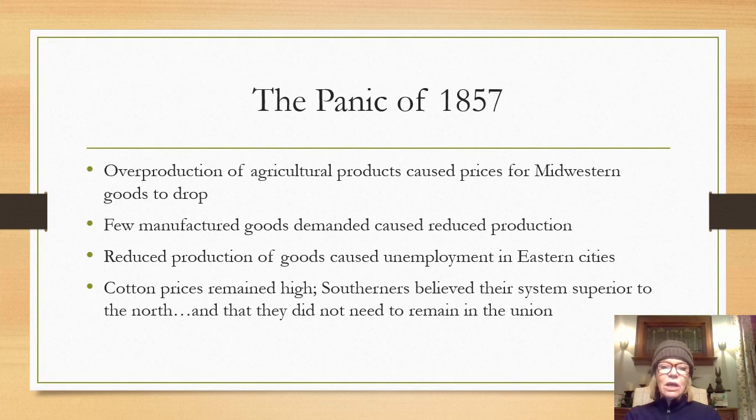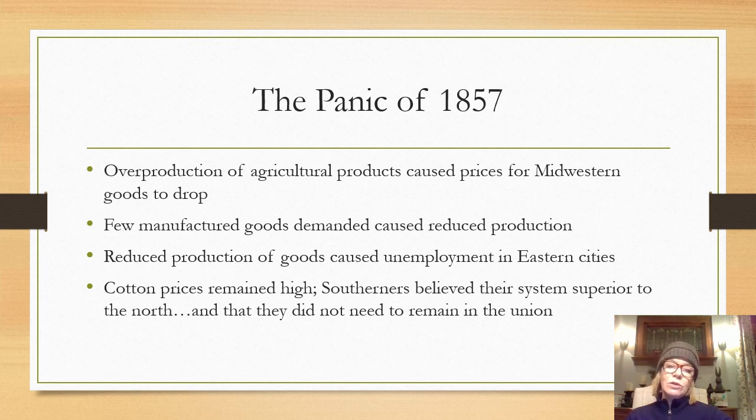Right? But then a lot of this westward expansion ends with the Panic of 1857. The reason this panic or depression happened was there was overproduction of crops in the Midwest, right? When too many farmers were producing the same cash crop, the prices fall.